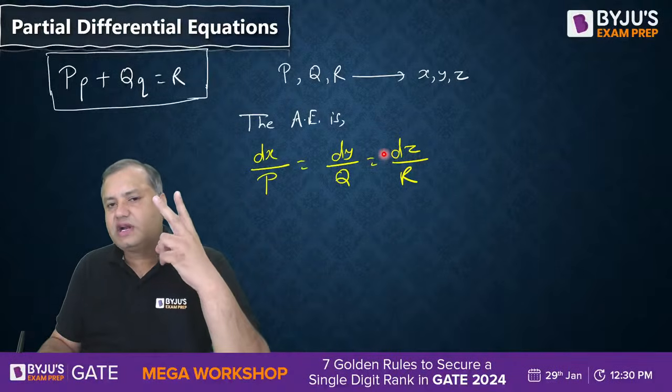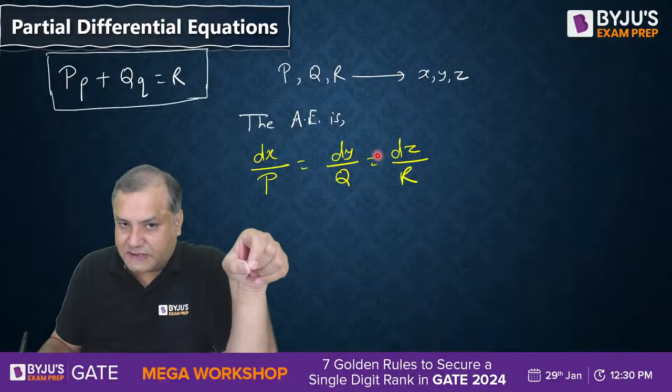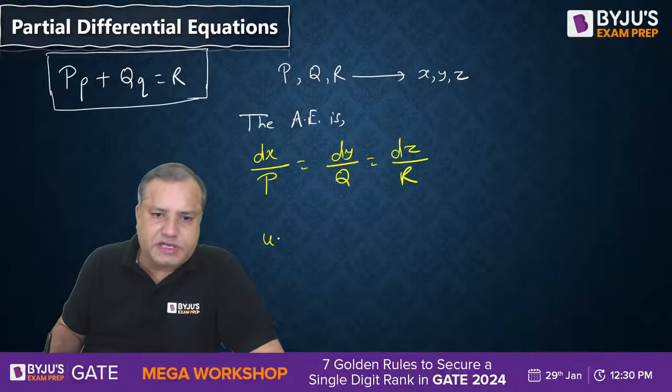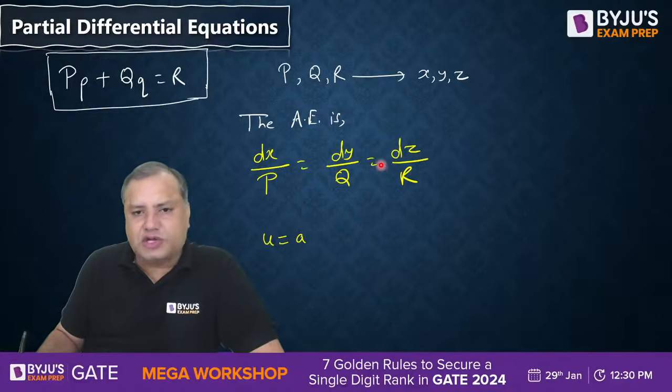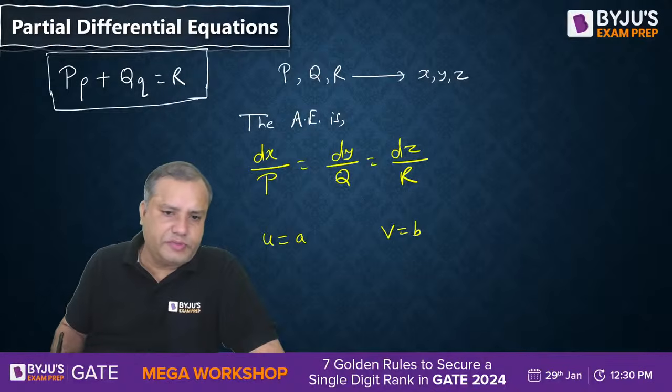We will consider two at a time and solve them to get one solution. Let us say one solution is u equal to a. Then we will consider another two and solve them to find another solution v equal to b.